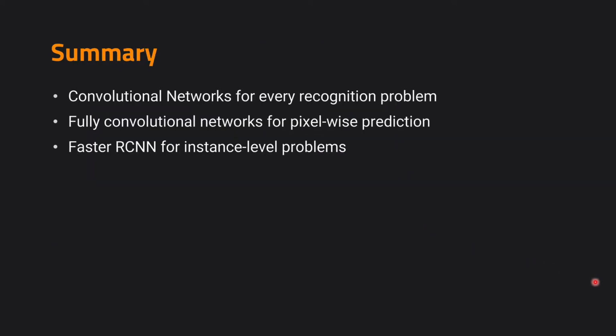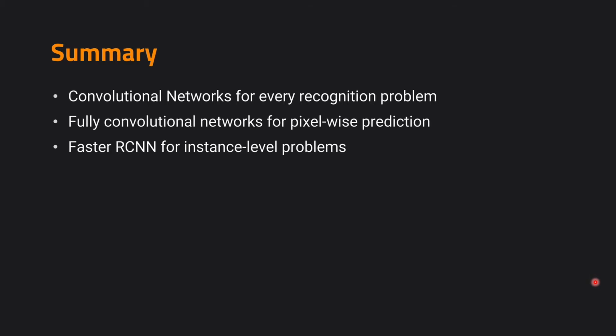So in summary, for all the supervised recognition tasks in computer vision, you can basically find a bucket of convolutional networks as the solutions. Basically, we are using fully convolutional networks to find the pixel-wise representation for pixel-wise prediction tasks, like segmentation and boundary prediction.